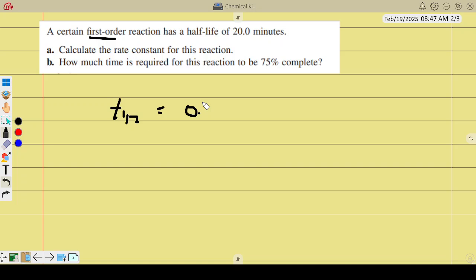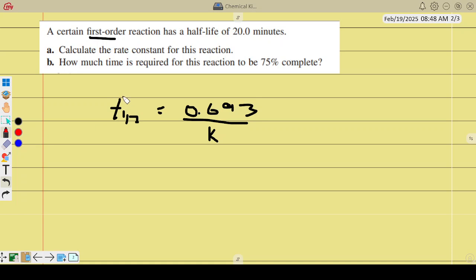What's ln 2? Ln 2 is 0.693. If you want, you can just write ln 2 over k.